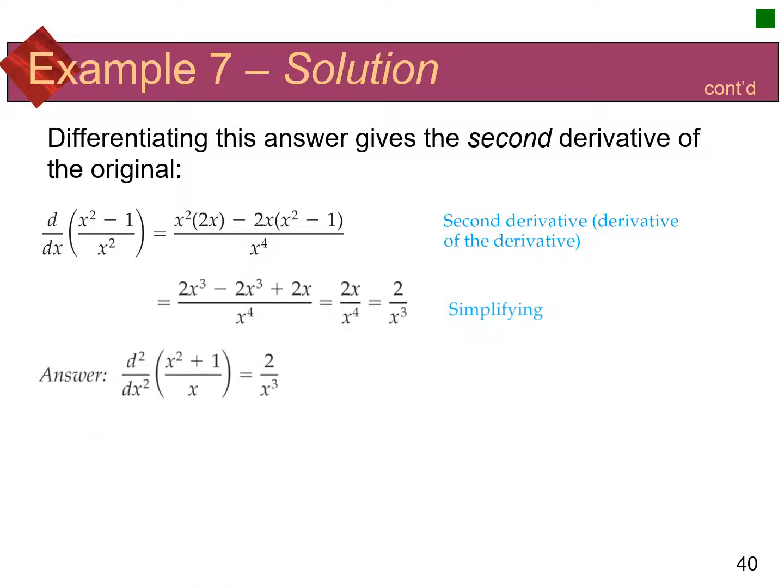Now they do make a note, and I think in the textbook they make a slight note, that you could have possibly done this a little bit more easily if you had taken the original function and carried through the division by x. So you would have had x plus 1 over x, and then carried through that derivative.